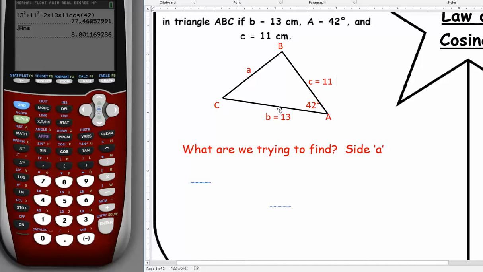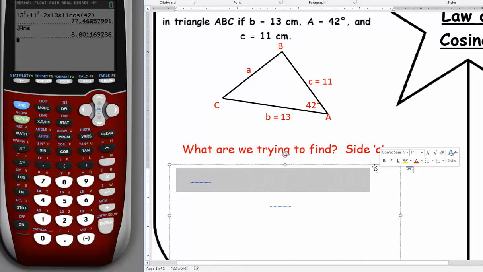So we have our two sides, side B, side C, and the included angle A. And the thing we're trying to find, since we have angle A, we're going to be finding side A. And that's why I have that written right here, side A.